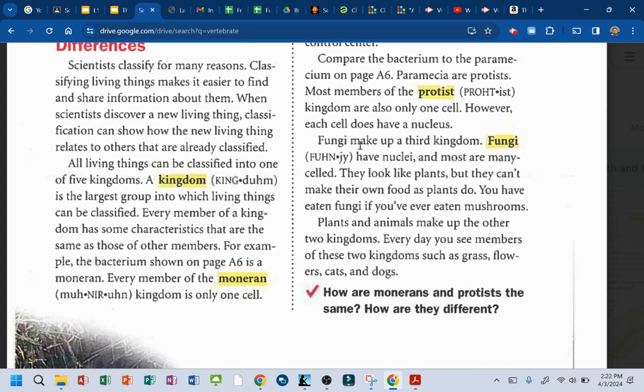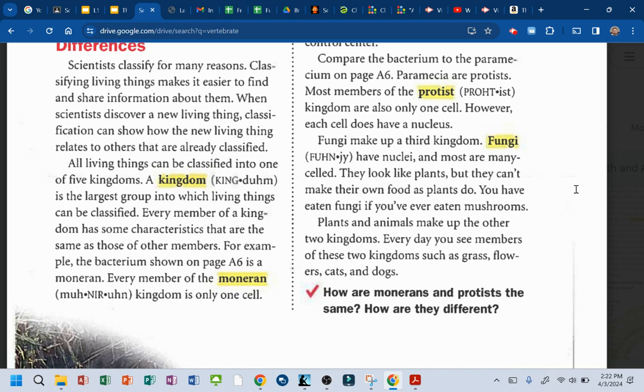Fungi make up a third kingdom. Fungi have nuclei, and most are many celled. They look like plants, but they can't make their own food as plants do. You have eaten fungi if you've ever eaten mushrooms.